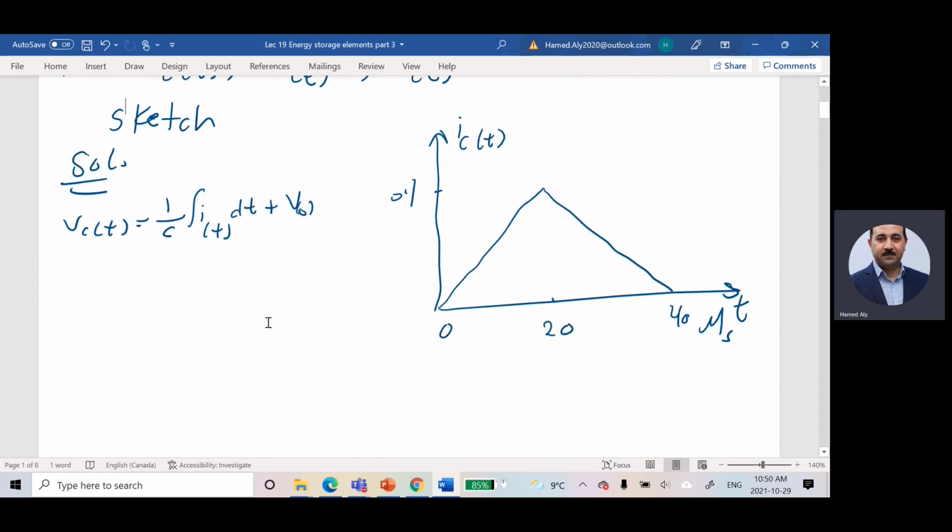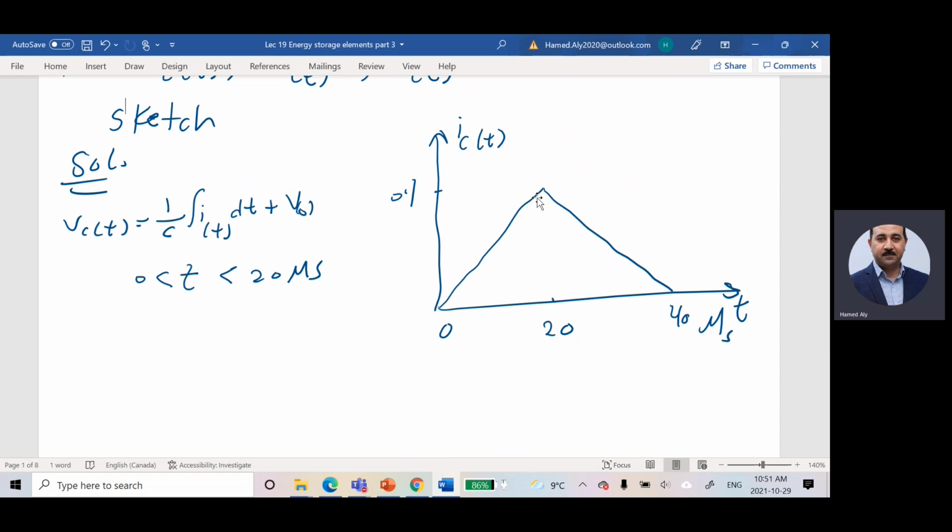I will talk about the period from t greater than 0 and less than 20 microseconds. By the way, less than or equal, it doesn't matter because this is a continuous function. There is no discontinuity. I mean, I don't have different values at the same point. You studied in mathematics points of discontinuity, right?